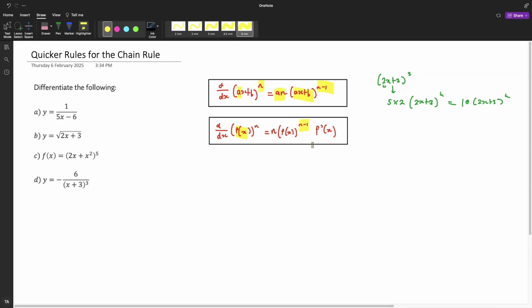Then we multiply that by the derivative of the actual function. Like in the chain rule we learned, we separate that function and let u equal to that, then derive that and multiply together. That's basically what we're doing here. We're finding that function inside, deriving it, and multiplying that by these things here, and that gets you the same thing.